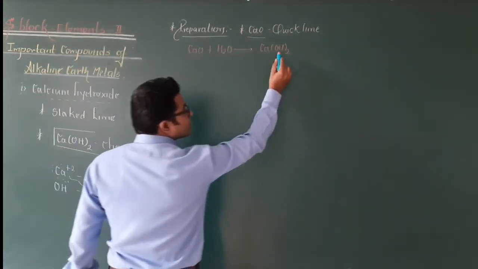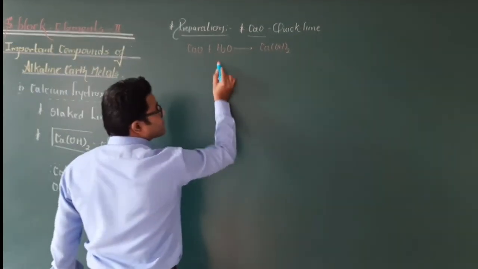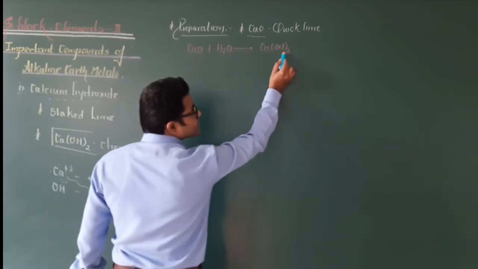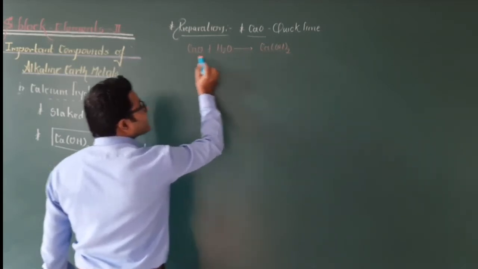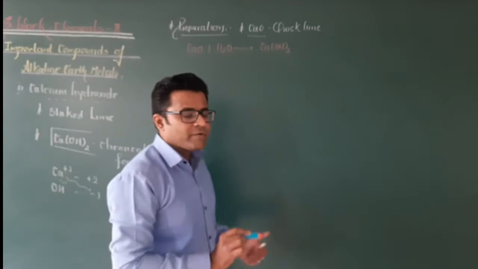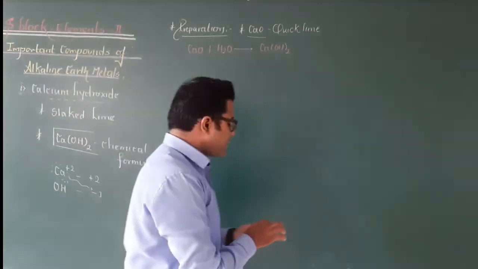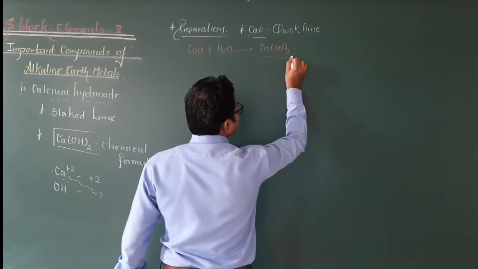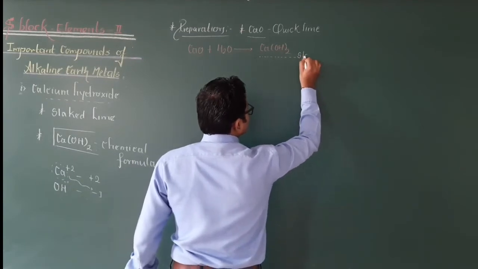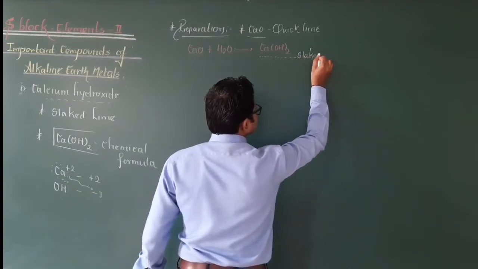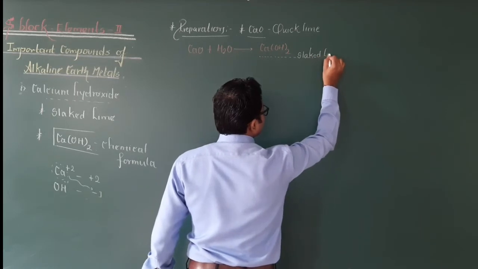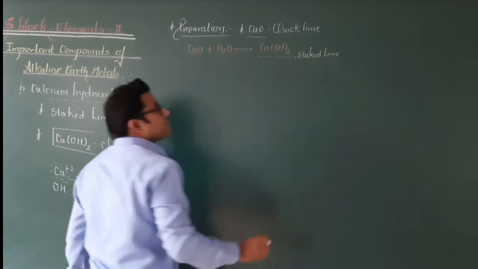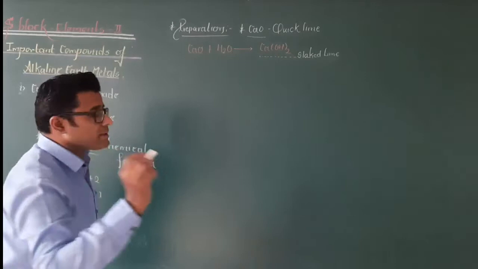Let's observe: two hydrogens, two oxygens, one calcium, perfectly balanced. So this compound that we have got is nothing but slaked lime. Now taking a look into its properties.